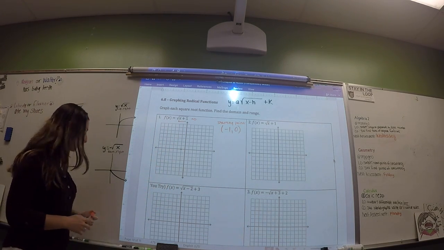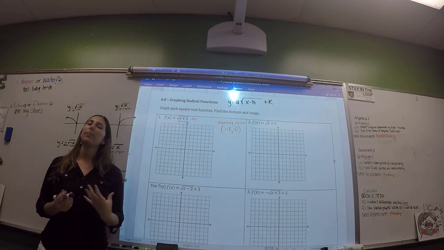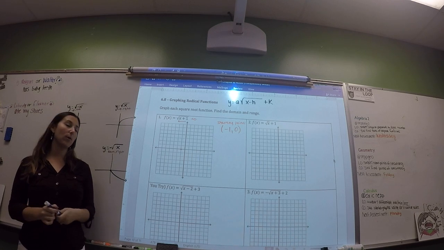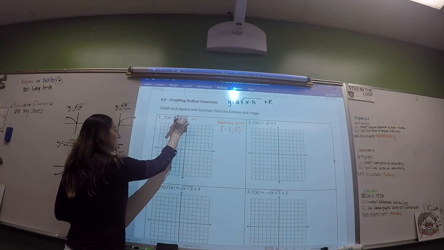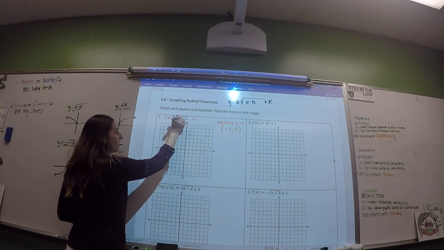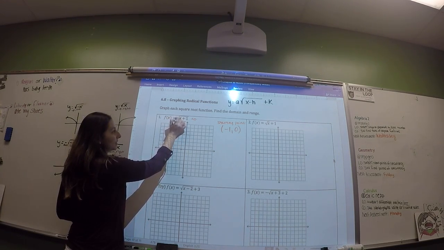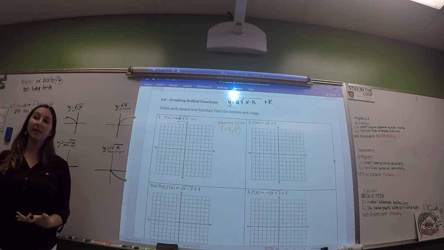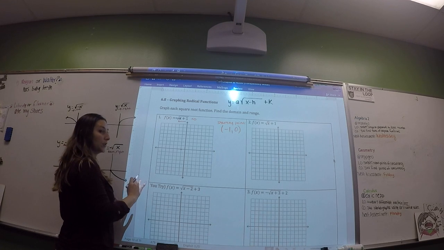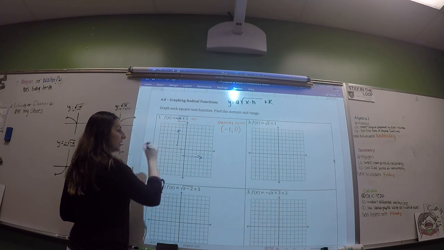Okay. So the other things are like negative signs. We're looking for, is the x positive or negative? Positive. Is the square root positive or negative? Positive. Now if it's positive, positive, positive x's go this way, positive y's go this way.